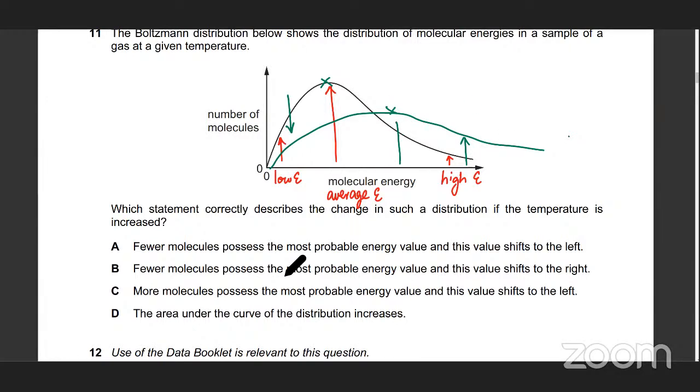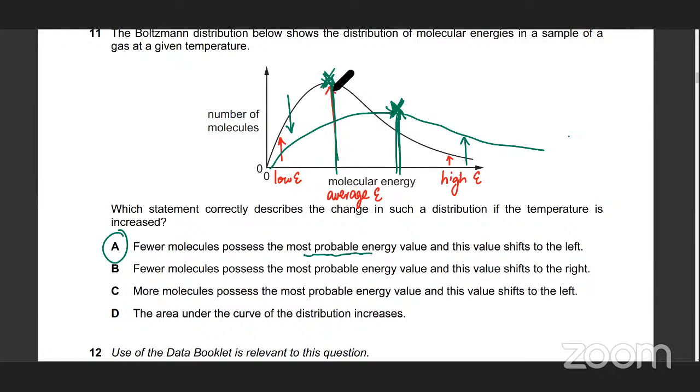So fewer molecules possess the most probable energy value, and the value shifts to the left. So the first statement looks correct. Most probable energy value is this one, जिसको हम average energy कह रहे थे ना. This is the most probable. I mean, most number of particles are at this energy. पहले वो most probable energy जो थी, that was much lower. ठीक है, that was somewhere over here.